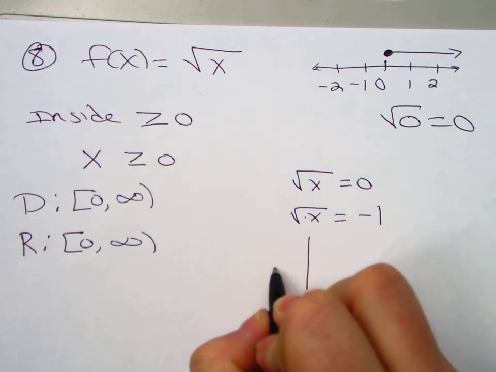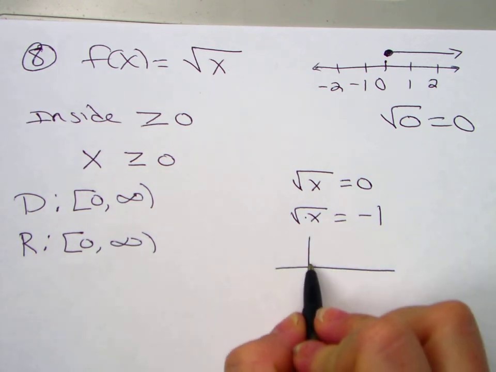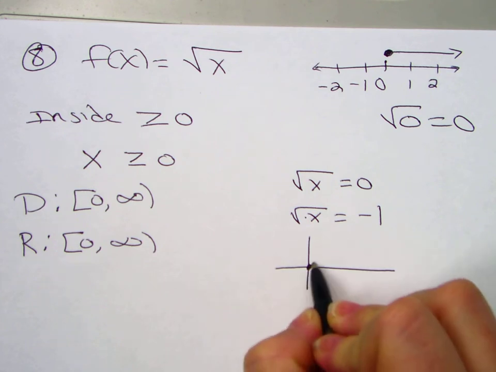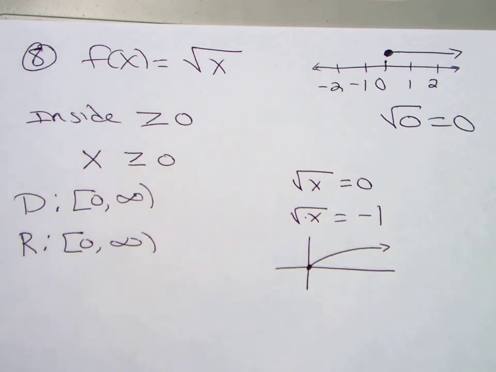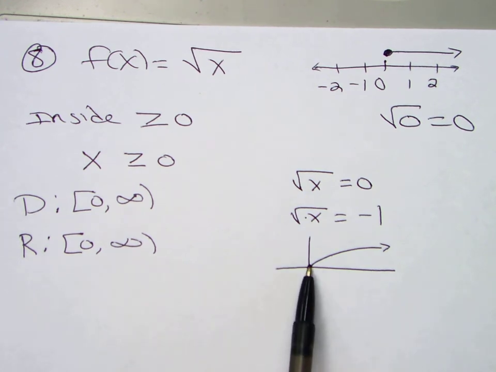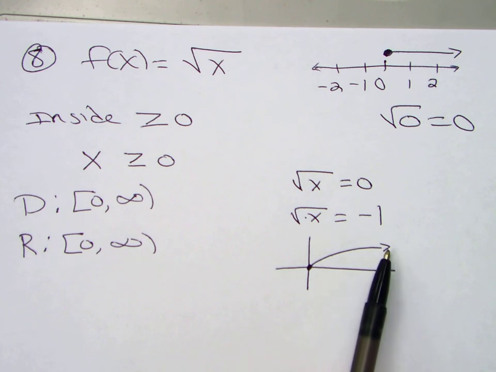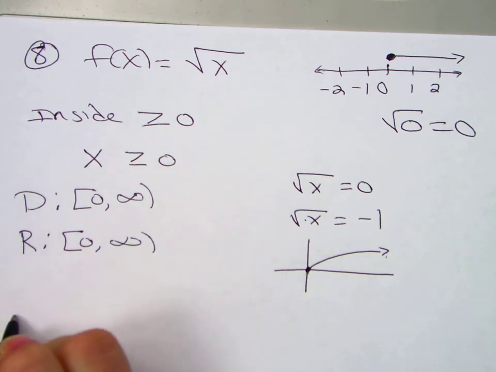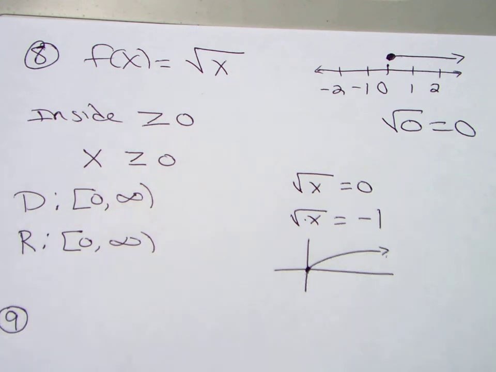Because remember what a radical looks like? We graphed these in Algebra 2. It's a sideways parabola, half of a sideways parabola. Farthest left, 0. Farthest right, infinity. Lowest 0, highest infinity. All right, one more and we're done.